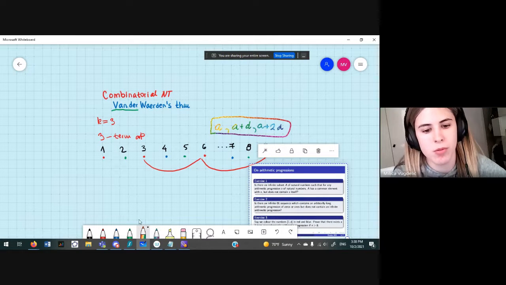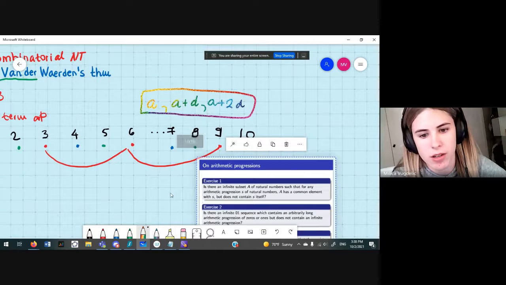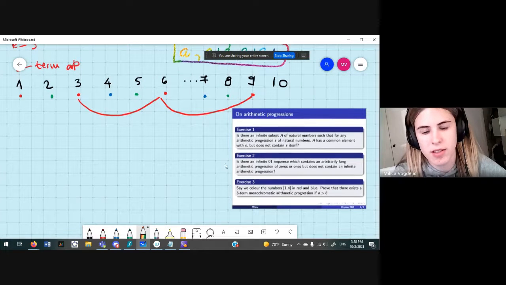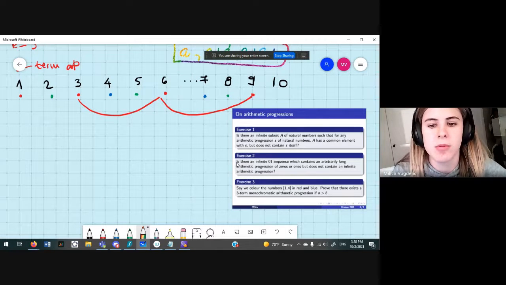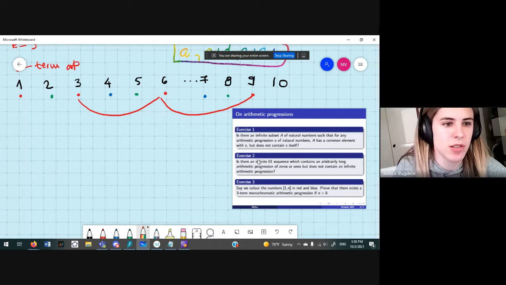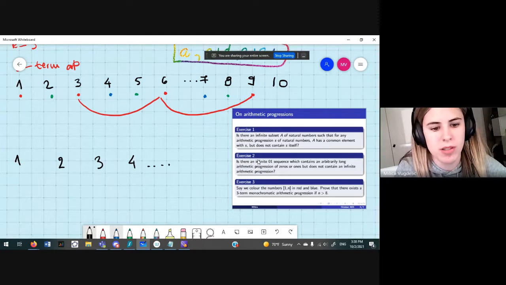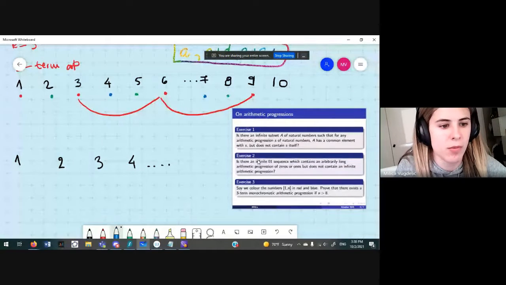There won't be one. To make everything clear, take a look at the second exercise. It asks: is there an infinite 0-1 sequence? A 0-1 sequence is just like the colors, but you can look at it as a red-blue sequence. We will assign red or blue, or 0 and 1.